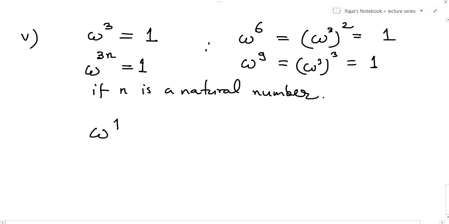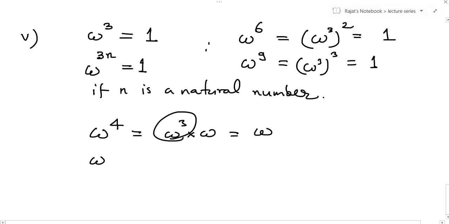Further, suppose I ask you what is omega to the power 4. I can write it as omega cube into omega, and omega cube is nothing but 1. So this is omega. Very simple.